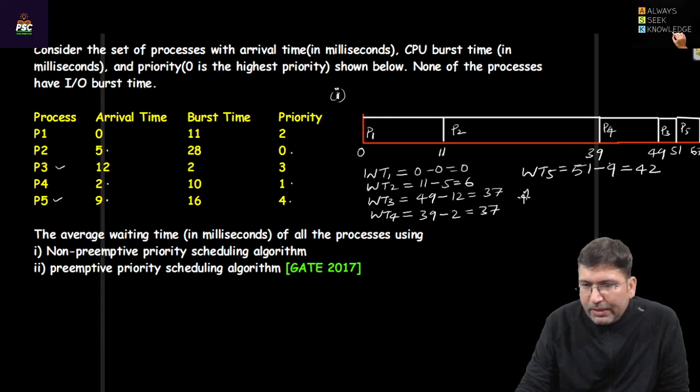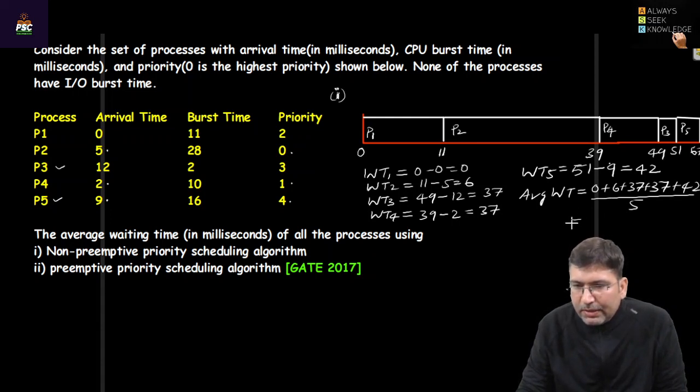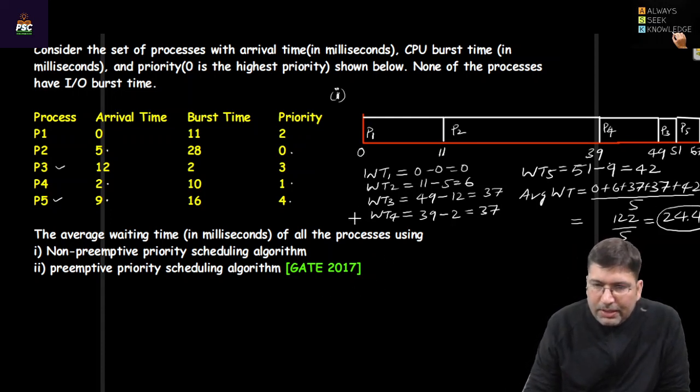Now to calculate the average waiting time, it is 0 plus 6 plus 37 plus 37 plus 42 divided by 5 processes. It will give us 24.4, right?